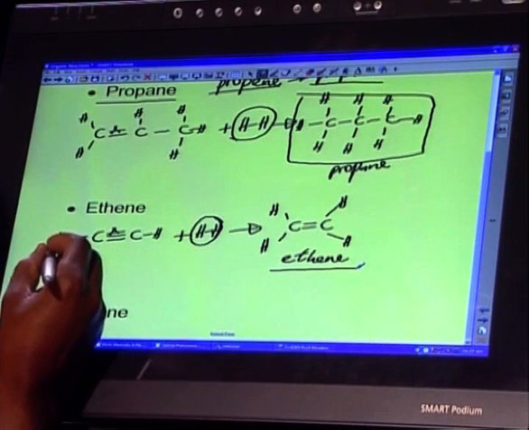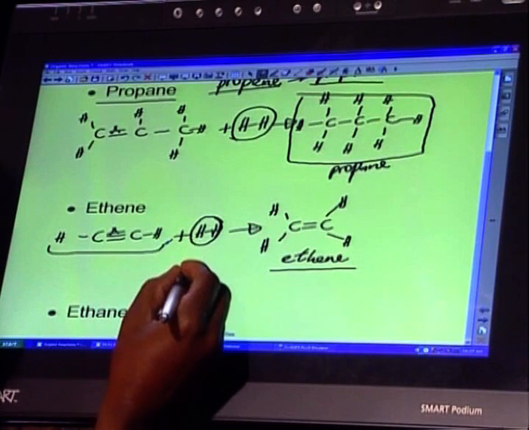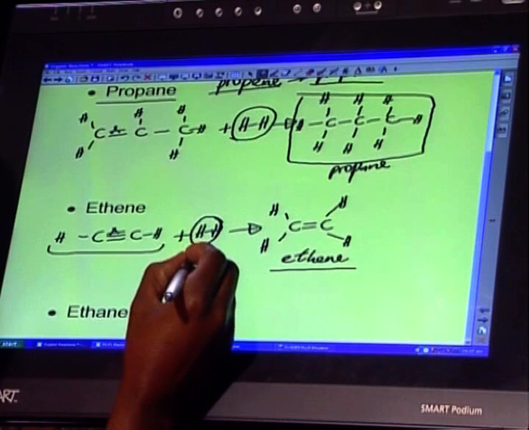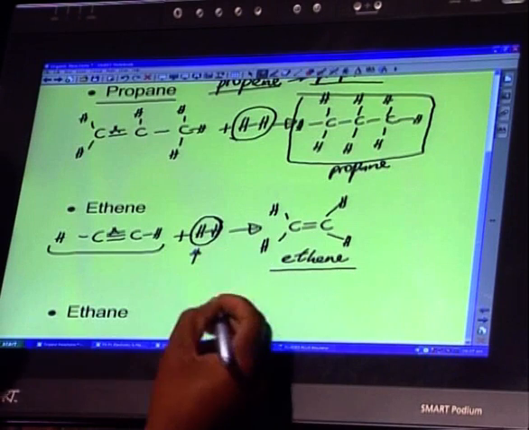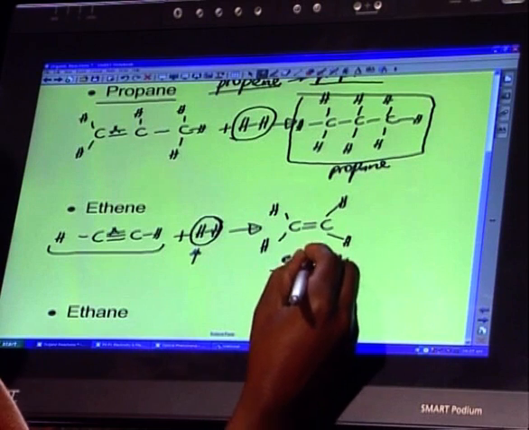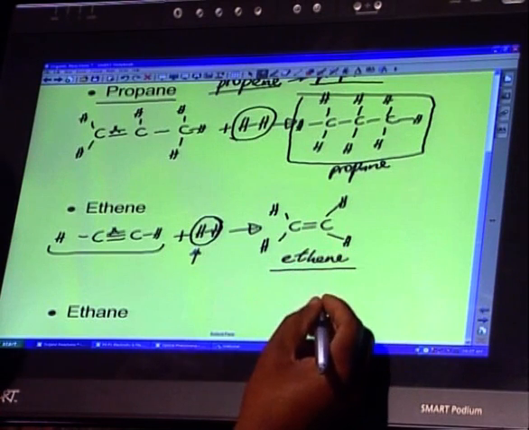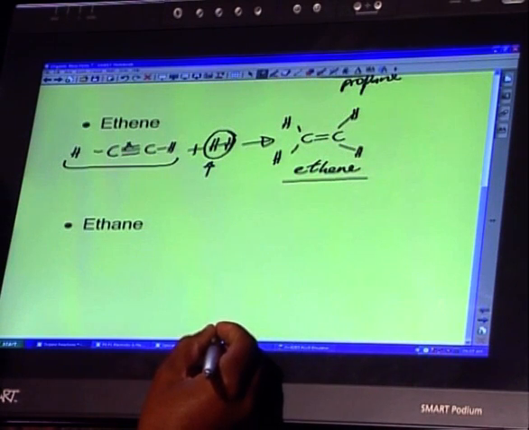So from an ethyne molecule, if I add hydrogen, the process is called hydrogenation, I end up with ethene, which is an alkene. So that is what happens.